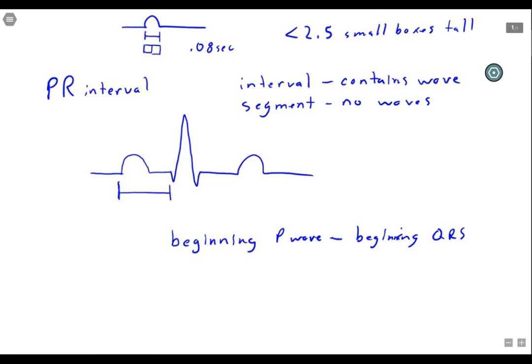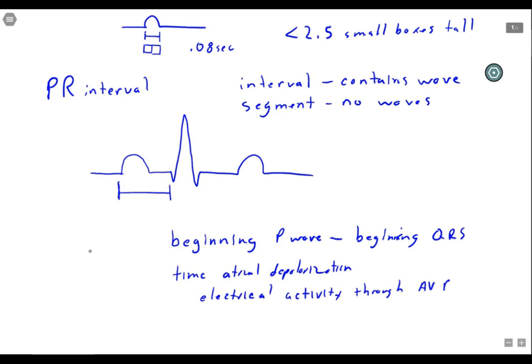So what the PR interval represents is the time for atrial depolarization and for the electrical activity to get to the ventricles. Or another way to say it is for the electrical activity to get through the AV node, the bundle of His, the bundle branches, and the Purkinje fibers.